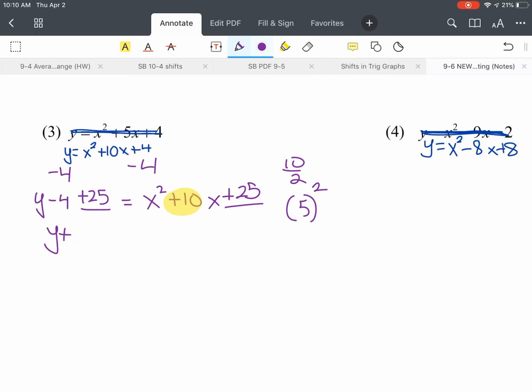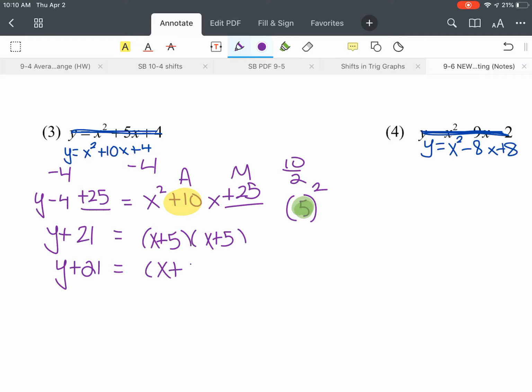Now I need to add negative 4 plus 25, that's 21. And I need to factor x squared plus 10x plus 25. Well, two numbers that multiply to 25 and add to 10 are 5 and 5. Remember, it's this number. Okay, so I can rewrite that as x plus 5 squared.